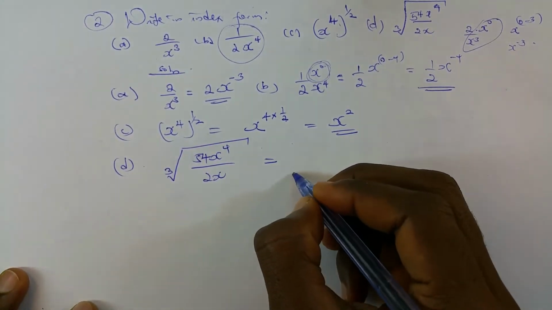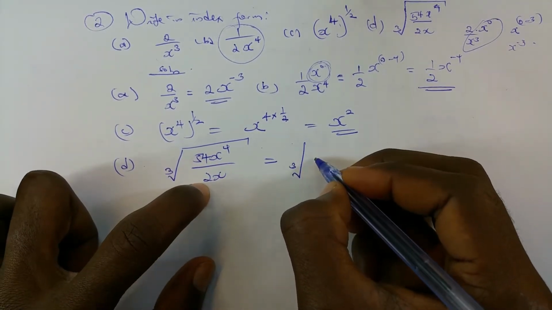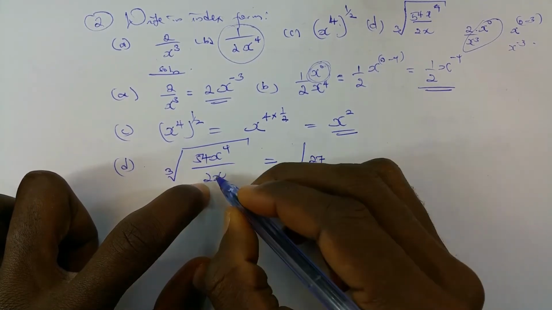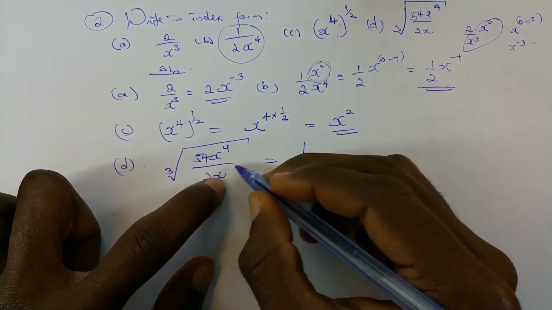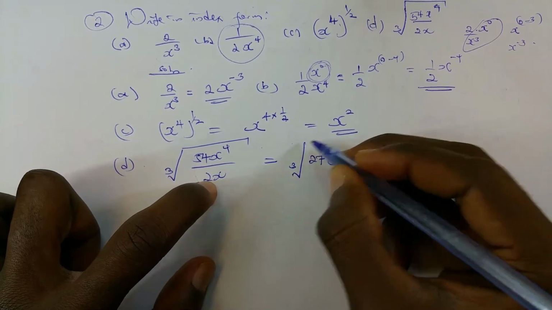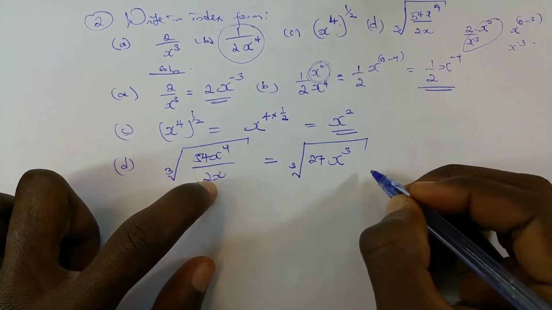If I simplify the thing under the root, 54 divided by 2 is 27. Then for x, we have x to power 4 minus 1, because with the same base we subtract the powers, so 4 minus 1 becomes 3.